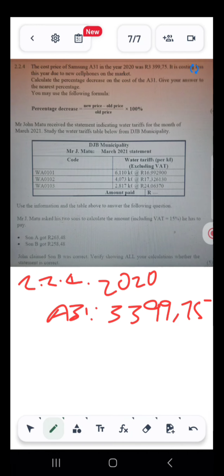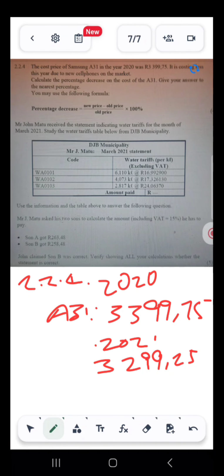Okay. So, in 2020, this was the price, right? As compared to the price in 2021. So in 2021, the cost price was 3,299.25.